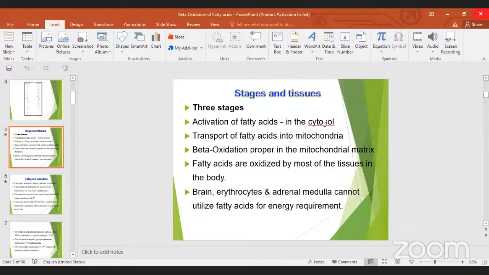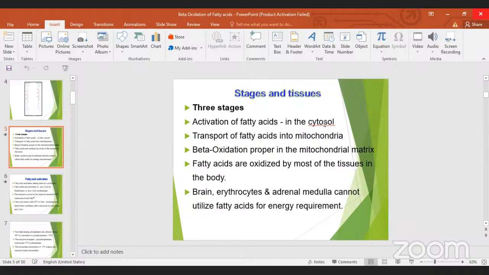Fatty acids are oxidized by most tissues in the body. Brain, erythrocytes, and adrenal medulla cannot utilize fatty acids for energy requirement. Very, very important.